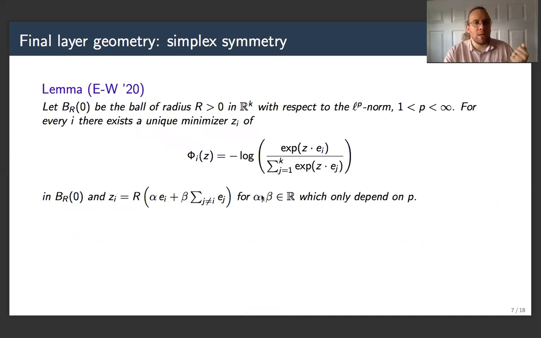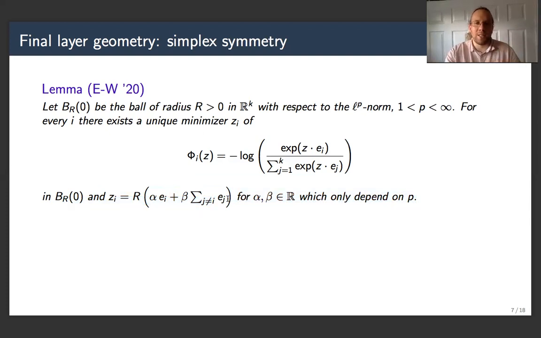And so in particular, if we've got a ball of radius r greater than 0, in our case that's a convex set, compact too, and we take it with respect to an L^p norm, then for every i, there exists a unique minimizer z_i of the cross-entropy loss of the class. And z_i is given as a sum where e_i is emphasized and all the other directions are treated equally.